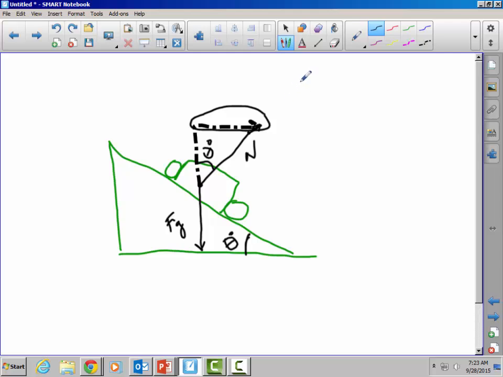So in this case, it is going to be your sine. And this is also going to be your net force.